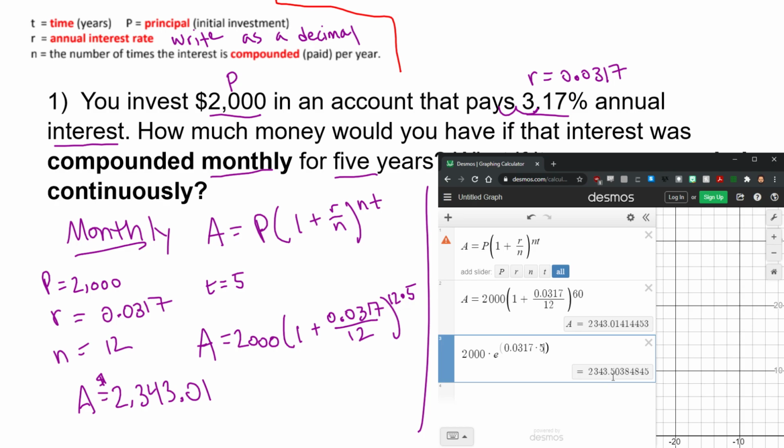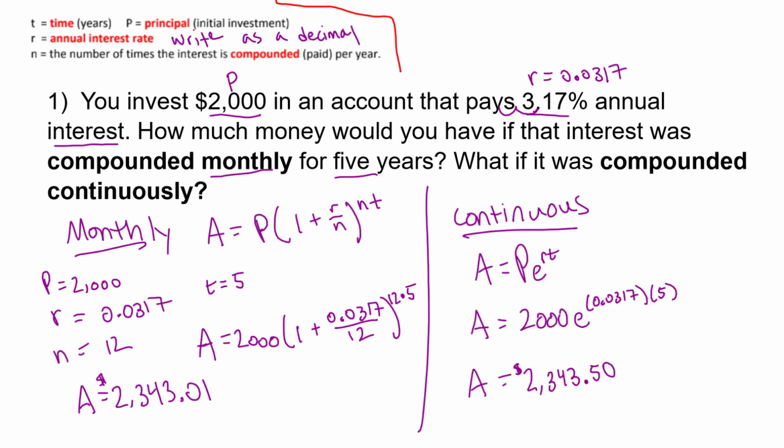It looks like we only made about 49 cents more. So we did get something slightly different. 2,343, rounding to 50 cents. Okay. So is that much of a difference?